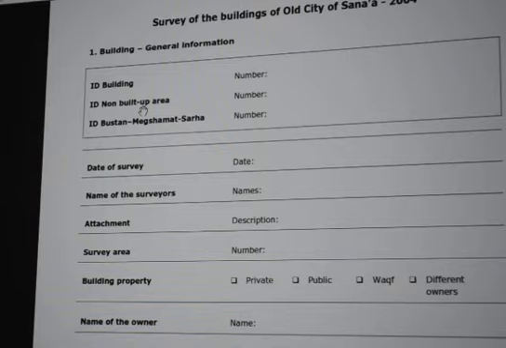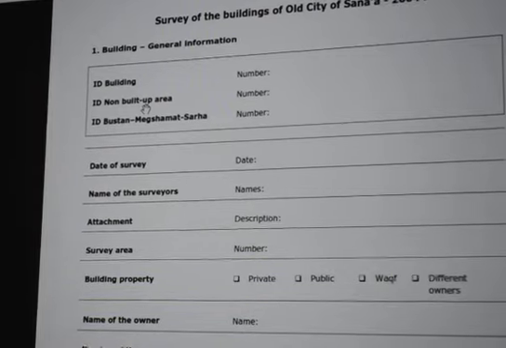Just one piece of advice based on experience. Never trust information that is not certified, which doesn't have a clear document as a reference. So remember, the surveyor will say, no, but we know who these houses belong to. We know what the property is. We can ask.